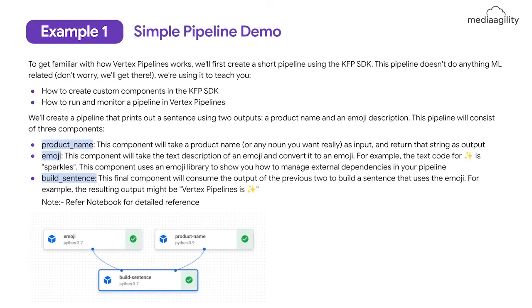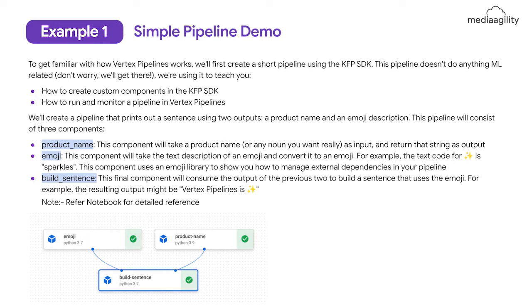In this first simple pipeline, we have three components. First, the product name component: the name of the product will be passed as an input, and it is going to provide a string as an output.